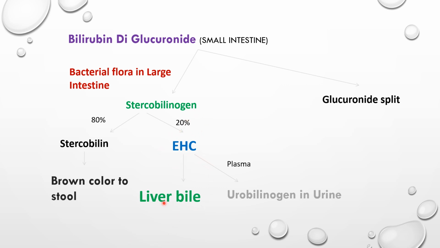It forms the liver bile, and some enters the plasma. Through the plasma, it reaches the kidney in the form of urobilinogen and gets excreted in the urine.